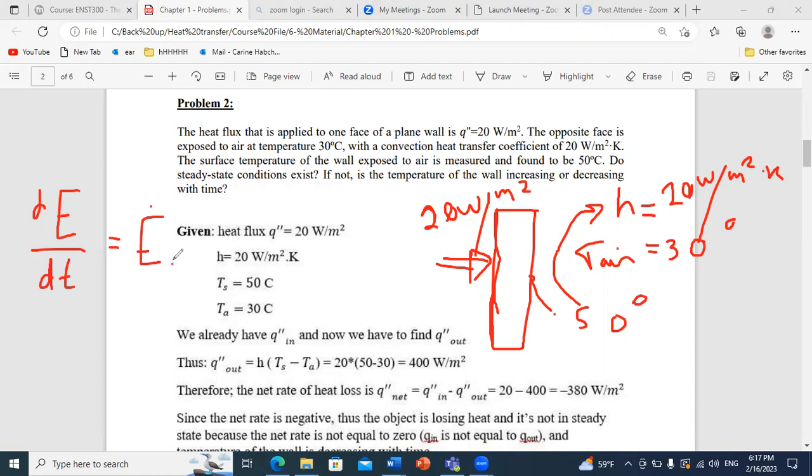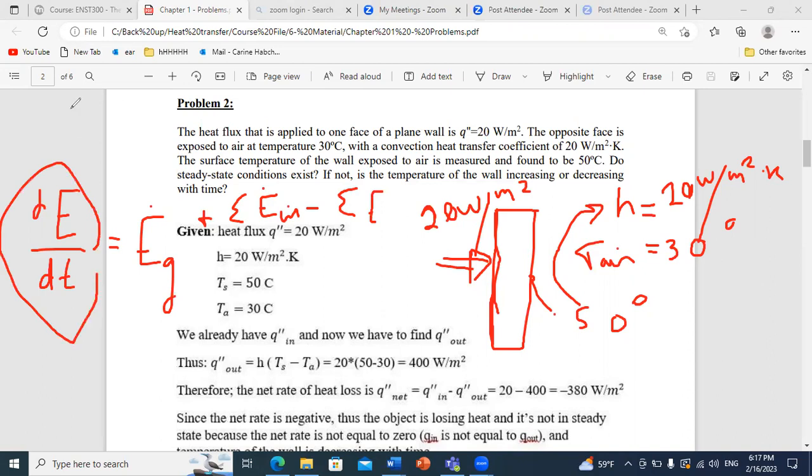So it's E dot generation plus sum of E dot in minus sum of E dot out. Here we want to see if there is a storage term, so we cannot cancel this. We are asking ourselves if it's zero or not, so we want to calculate it.